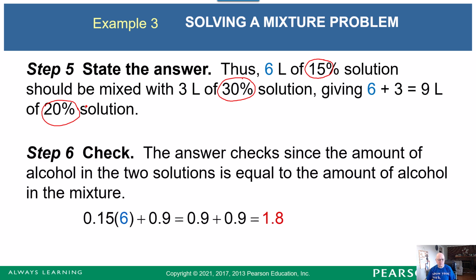Then we'll check it out. This amounts to how much alcohol is in the first container, the alcohol in the second container, and this is the alcohol in the mixture. And that's how much alcohol is in the final mixture.